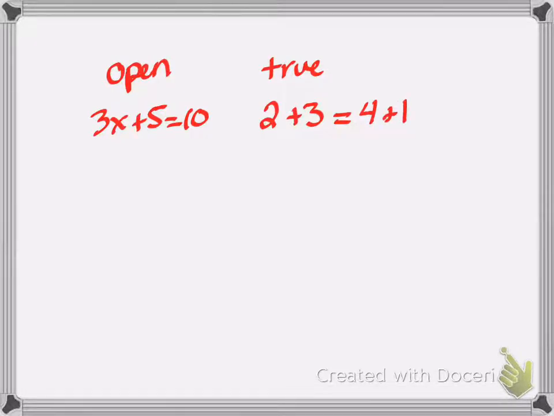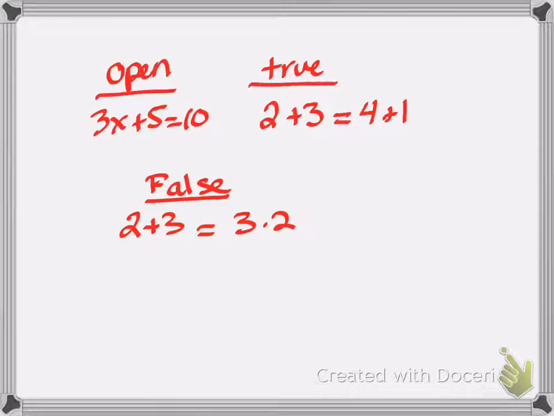The statement is true. And then we have a false statement, which would be something like 2 plus 3 equals 3 times 2. Okay? So all they're asking us to do is to identify, is it open, true, or false?